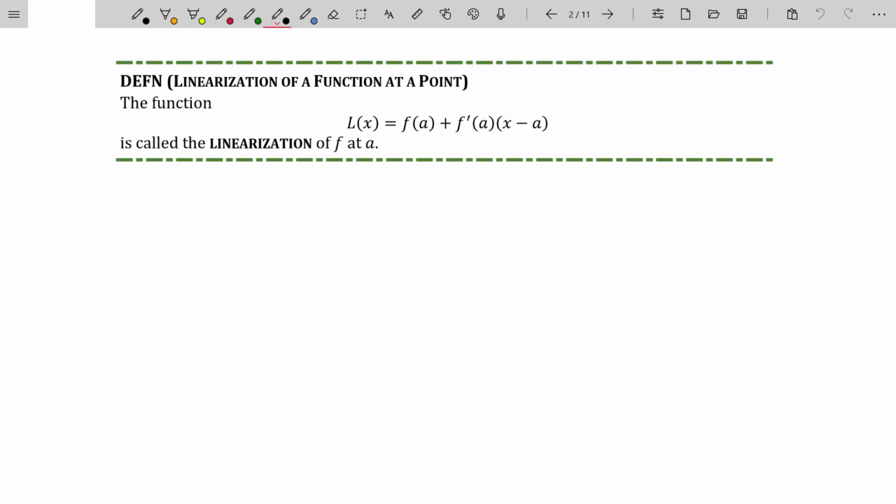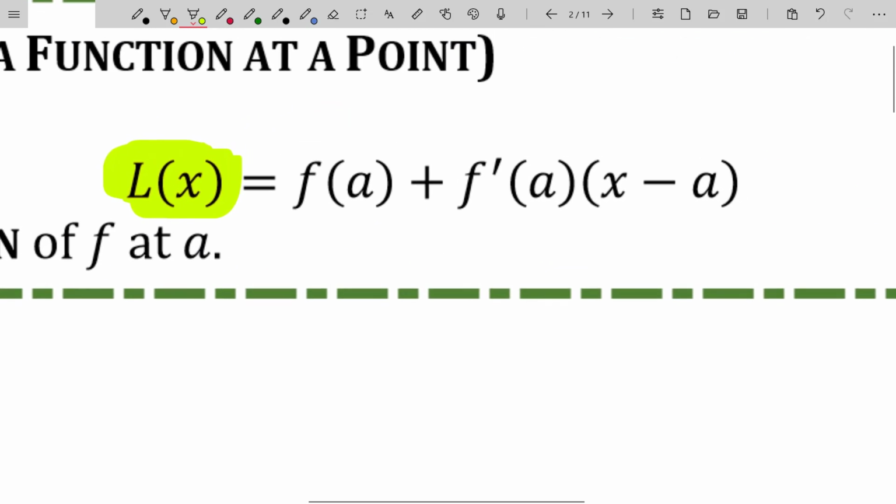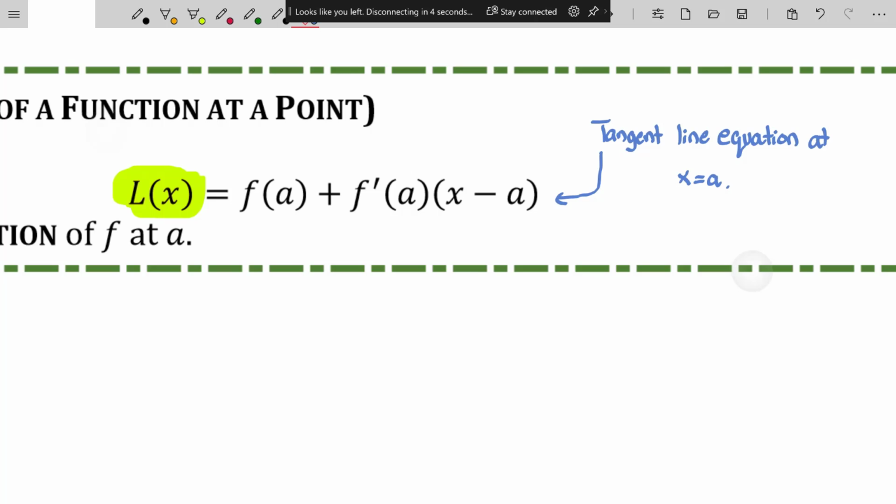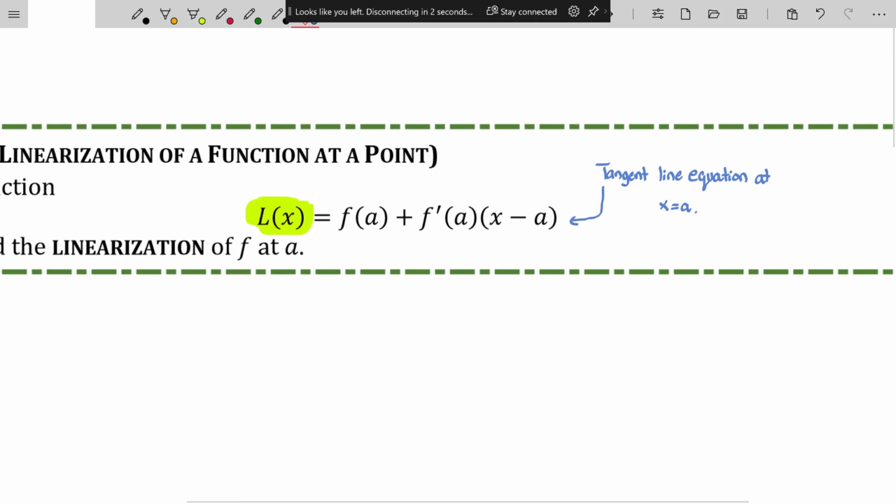The function L of x, which, remember what I did in the last page is I actually titled that tangent line as L of x. I did that on purpose because that's what we're going to call our tangent line, L of x. It's called the linearization of f at a. So L of x, and that's just our tangent line equation at a, is called our linearization.